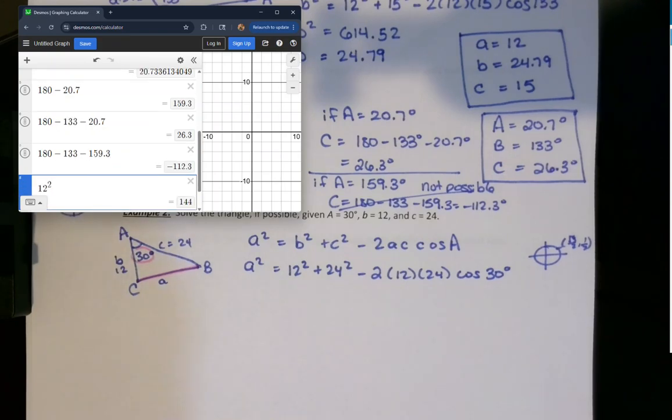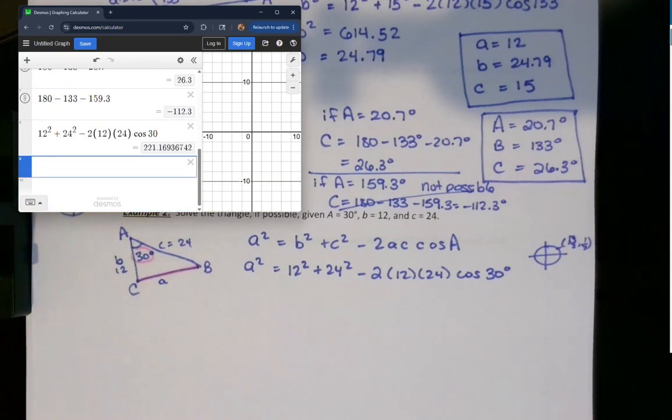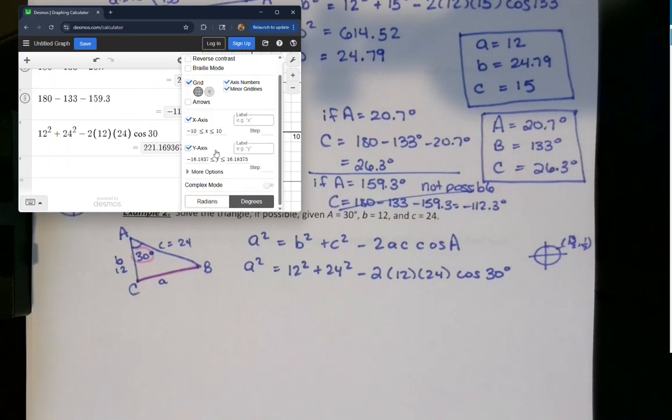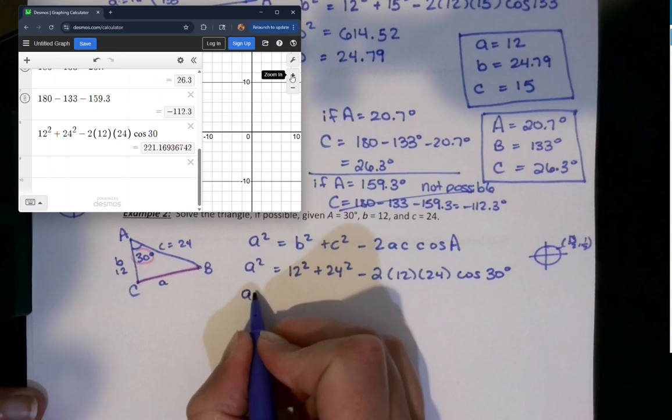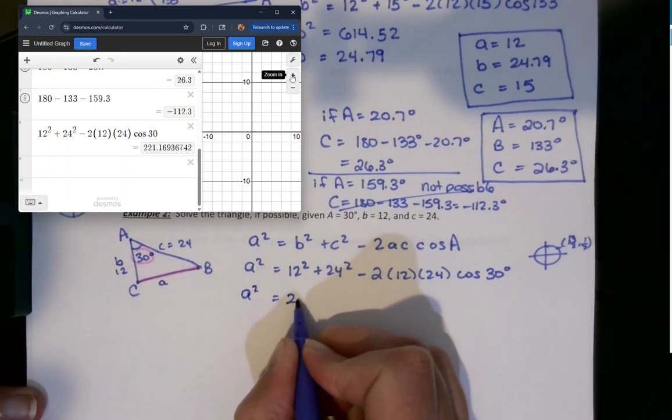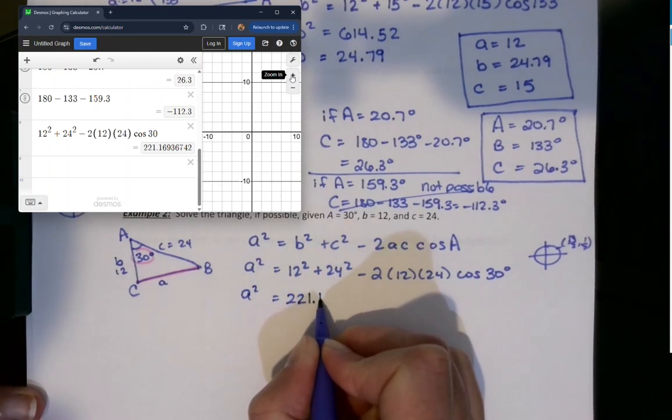So we've got 12 squared plus 24 squared minus the 2 times 12 times 24 times the cosine of 30. Should still be in degrees here from the last question. Still in degrees. I've got an a squared measure of 221.17.